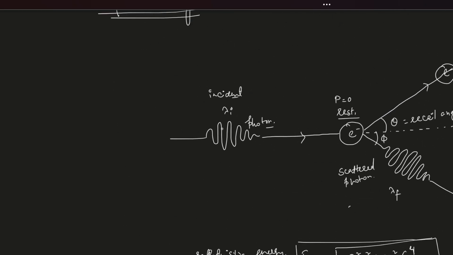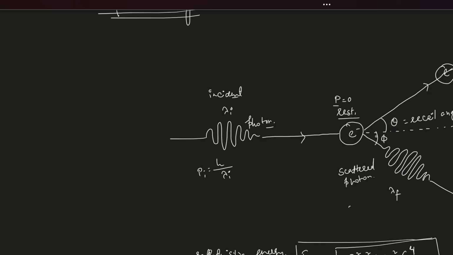Initially the whole momentum is that of the photon, which is h by lambda, p equal to h by lambda, you know the momentum formula. So this is h by lambda I, and this is entirely along the x-axis, right? And the electron has momentum 0 because it is at rest. This is before collision, and after the scattering or collision, this has two directional components.